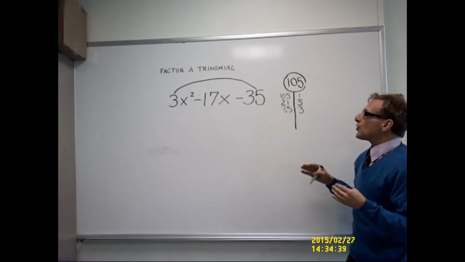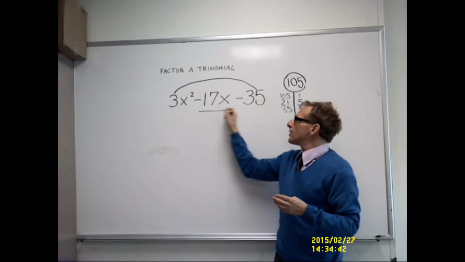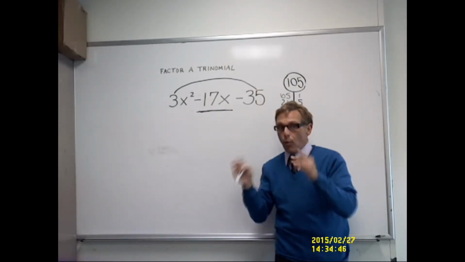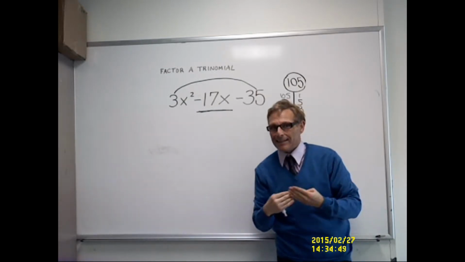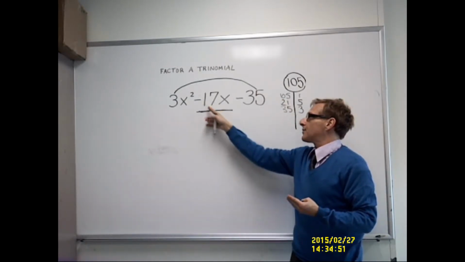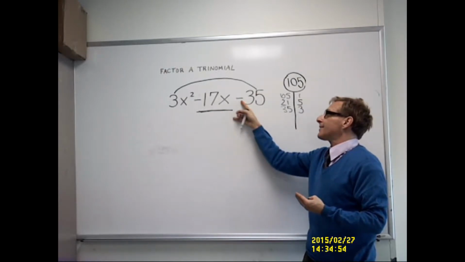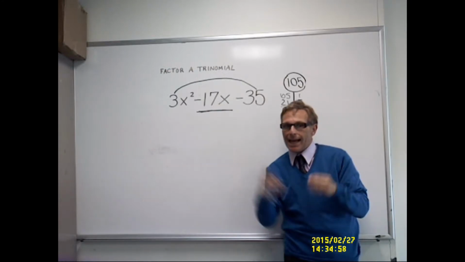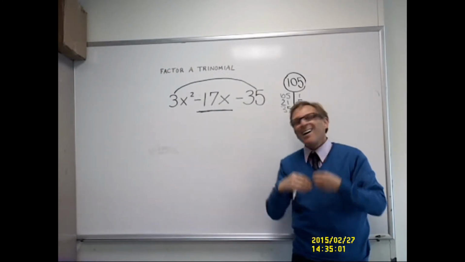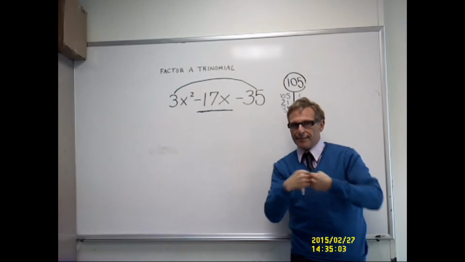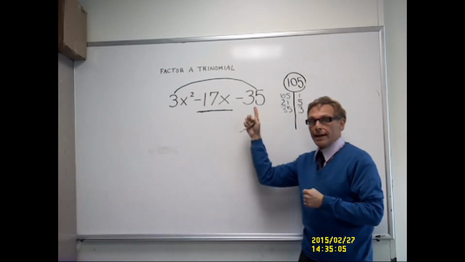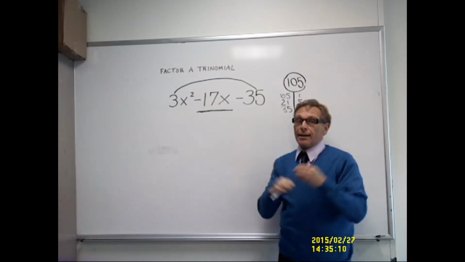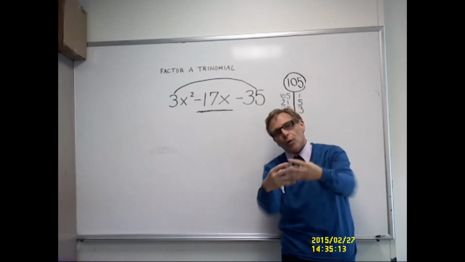Now, what you want to do next is look at that middle term, the term with the x. We want the two numbers that combine to negative 17. Now, you see, that's a negative. So when I say combine, it could be adding or subtracting. And because the 35 is negative, unlike signs give us a negative number when we multiply, and we do multiply to get that 35. So we're looking at unlike signs, so we're subtracting.